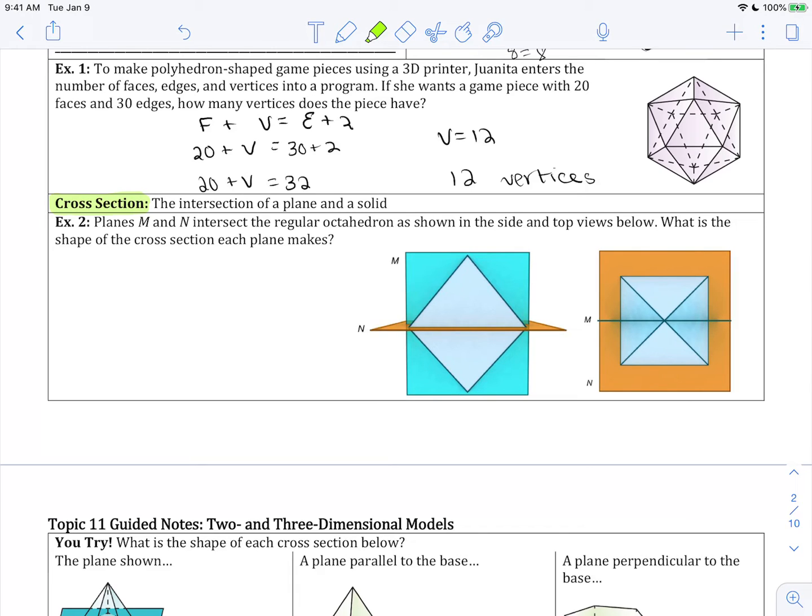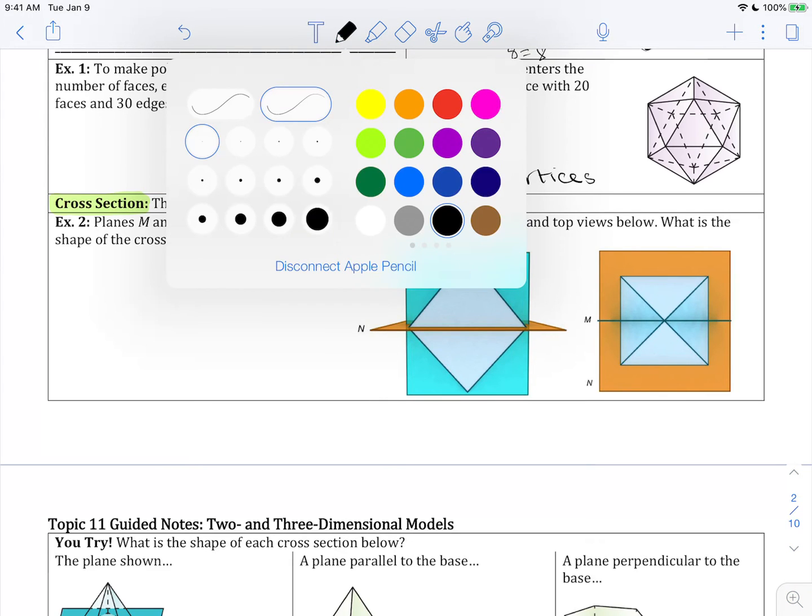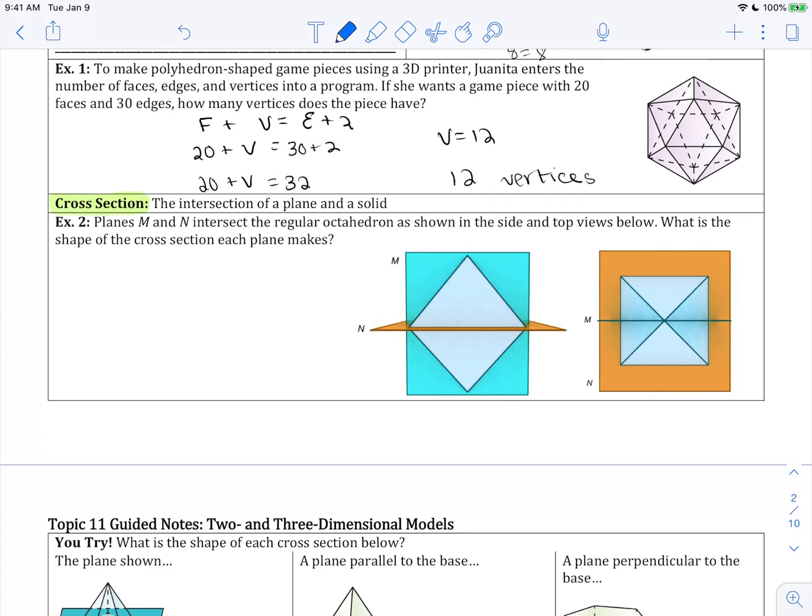So first, looking at this one, let's look at shape M. Well, for M, we have this black outline right here, which is a diamond.